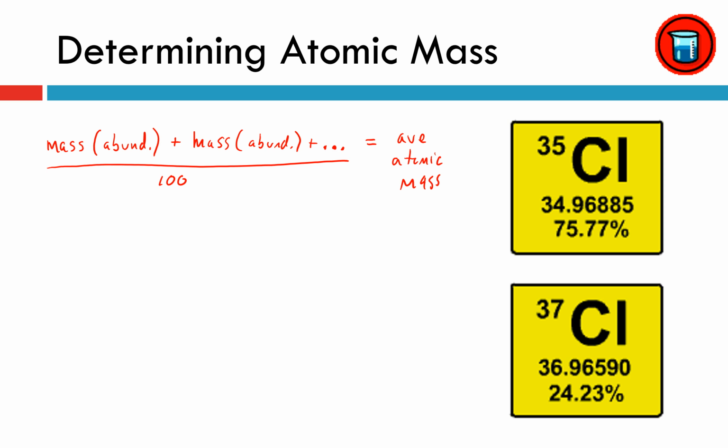So let's go ahead and give that a shot. And I'm going to use the really precise or very specific mass measurements to hopefully get me better answers. So I know that chlorine-35 actually has a mass of 34.96885 U, and I know that there's a relative percentage of 75.77, and I'm going to add that to 36.96590 U times its relative abundance, 24.23.